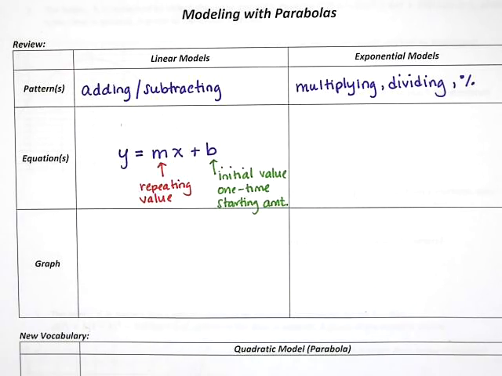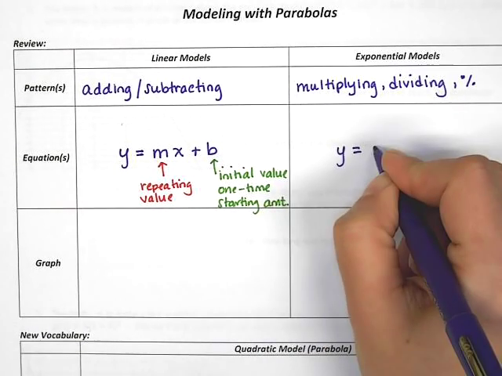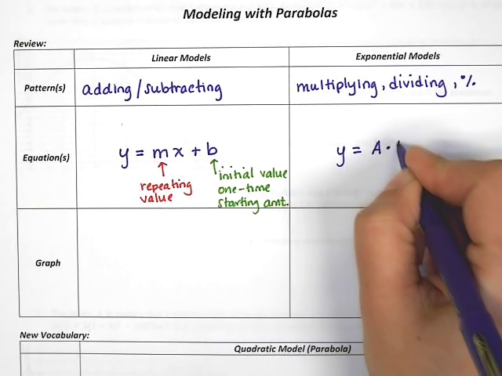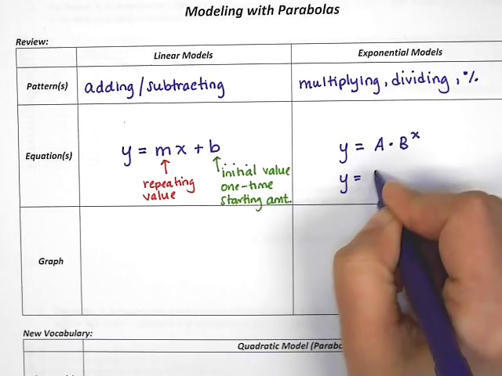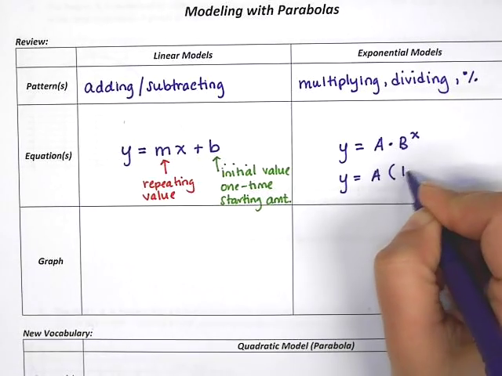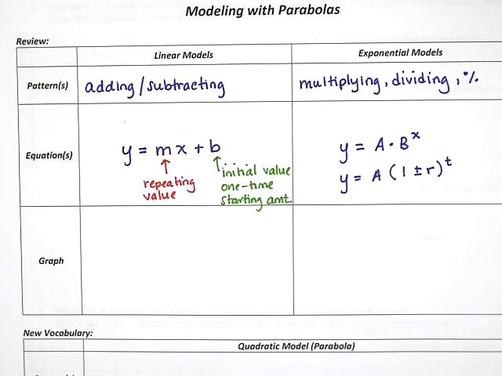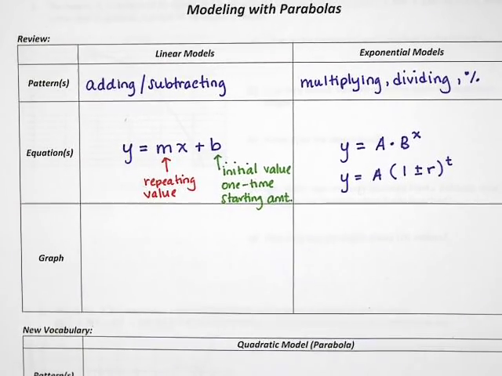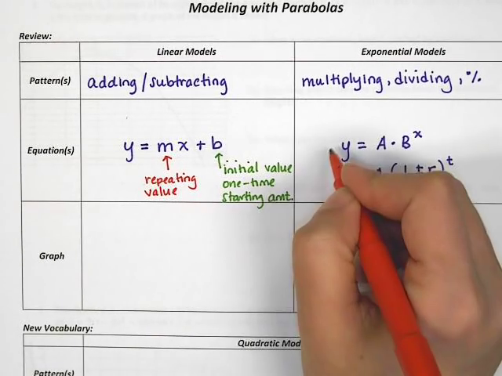When we learned about exponential model equations, we said the equations look like this: a times b to the x, or a times (1 plus or minus r) to the t, depending on what type of pattern you have. If you have a multiplying or dividing pattern, then you use this one.